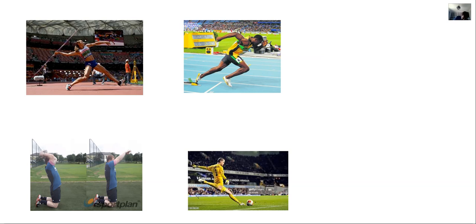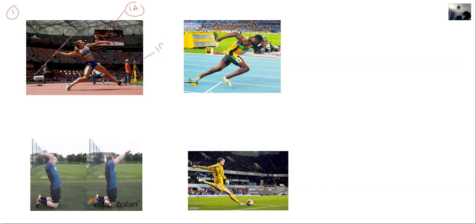So in picture 1, which is Jessica Ennis throwing the javelin there, I want you to tell me what movement is occurring at 1A, and that is the elbow joint, the front of the arm. I then want you to tell me what movement is occurring at the knee joint.